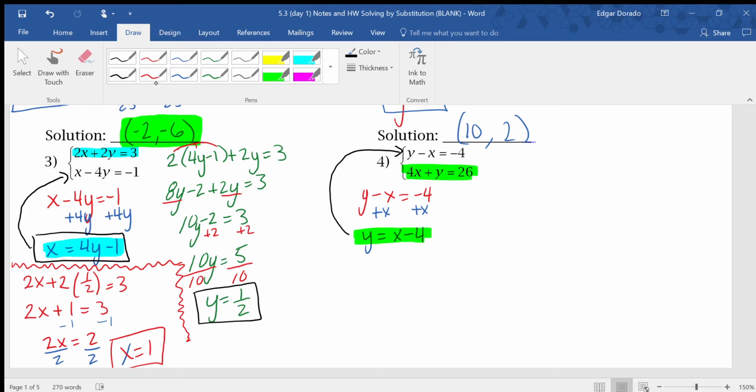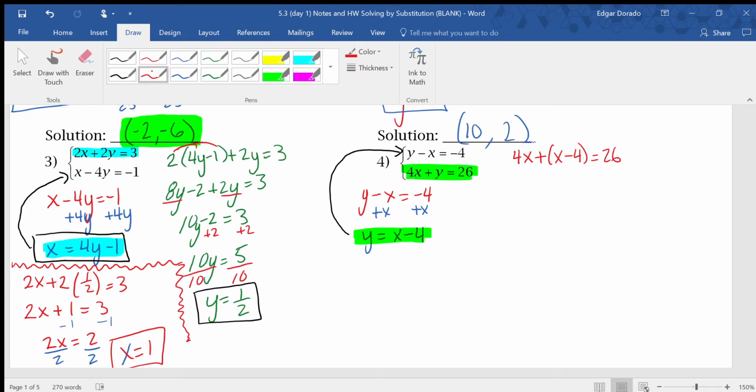Alright guys, let's go ahead and make sure that you guys did this correct. So let's go ahead and solve the system. So let's go ahead and substitute in our new y value. So this is 4x plus my new y, we said, is x minus 4, equals 26.